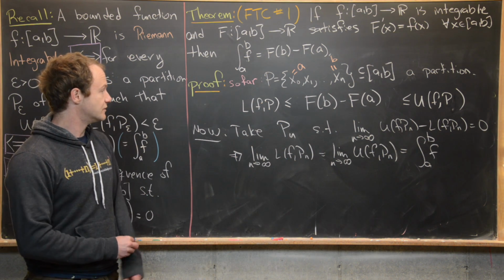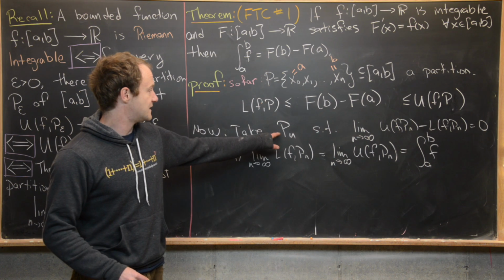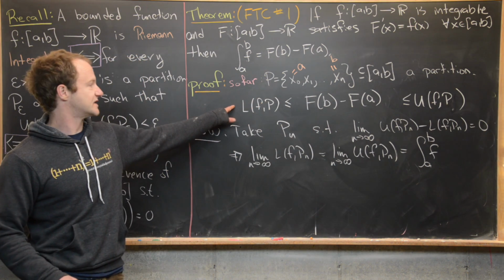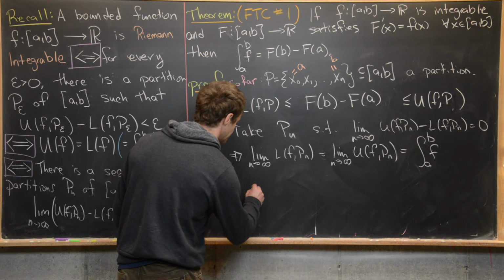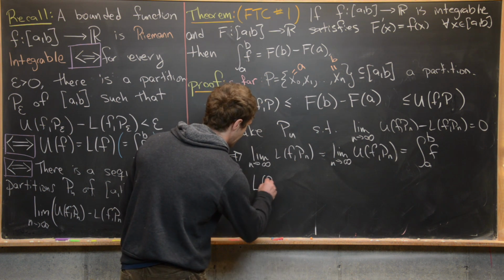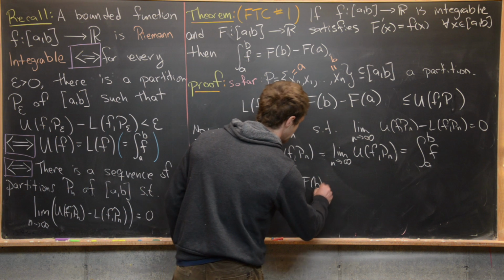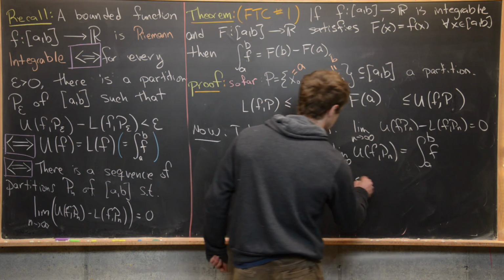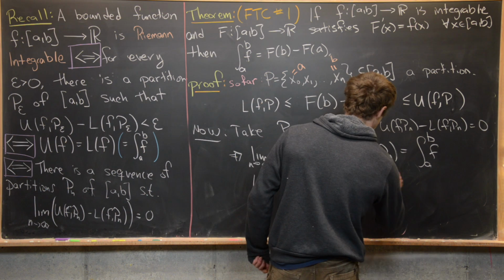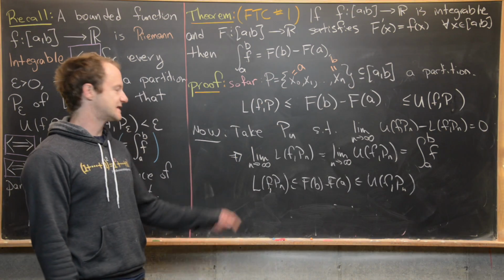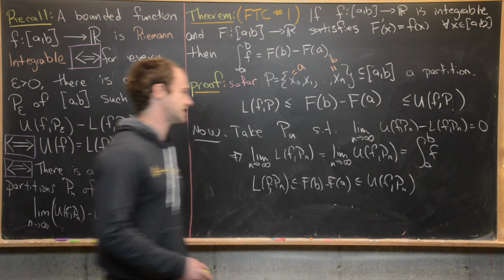So now what we'll do is put this sequence of partitions into this inequality. So that means we have Lf(Pn) is less than or equal to f(b) minus f(a), which is less than or equal to Uf(Pn). Now we can take the limit of the left and right hand side of this inequality.